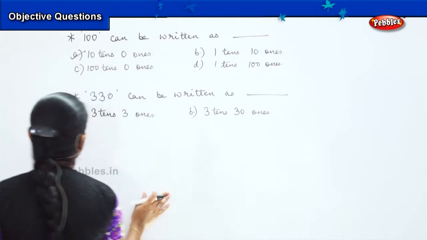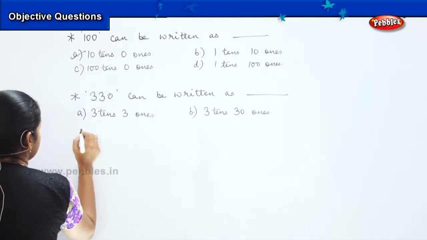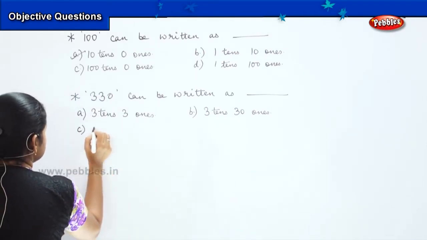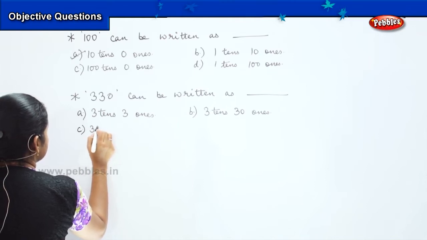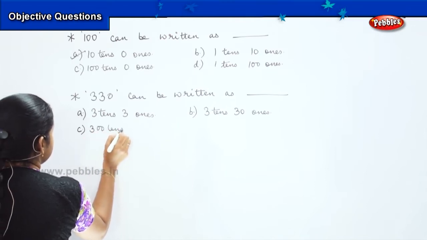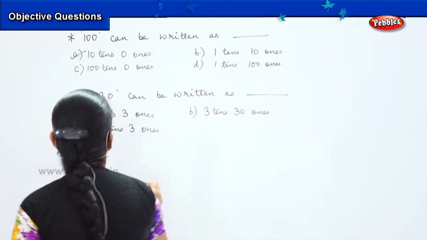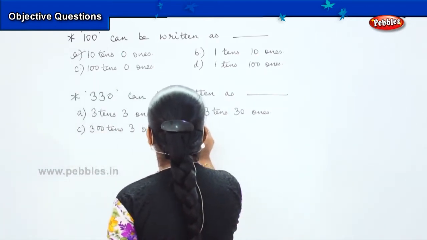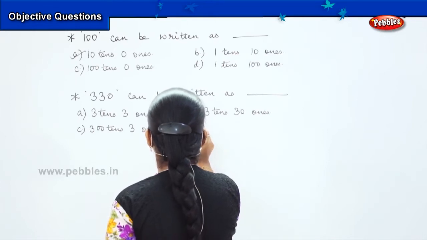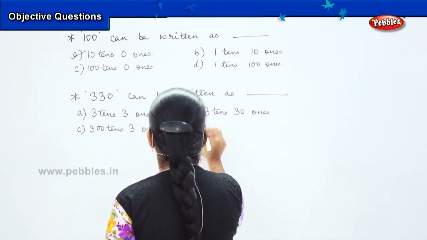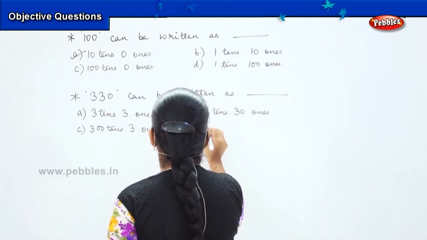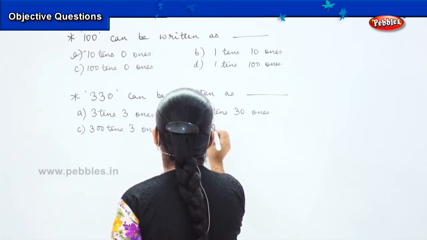Okay. My third option is 300 tens and 3 ones. And my fourth option is none of these.